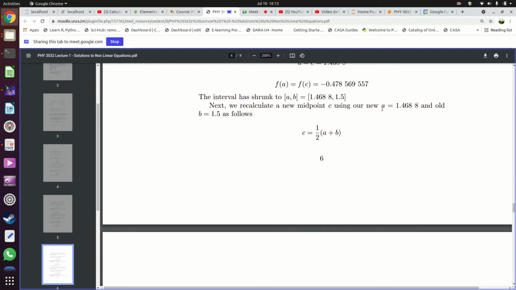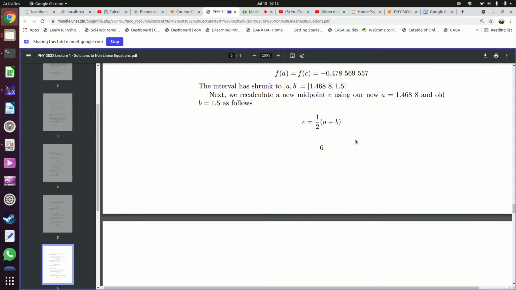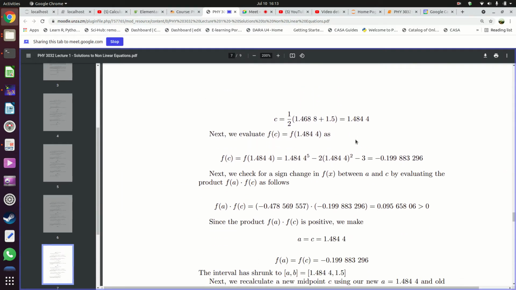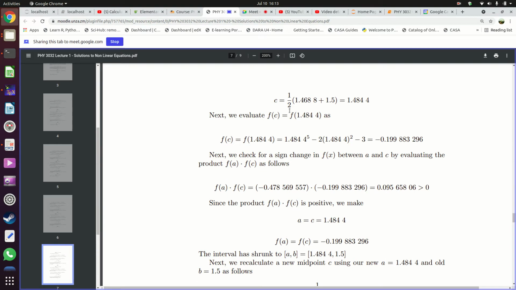So A is equal to 1.4688, and B is 1.5. So your C is going to be equal to half A plus B. When you do that, half 1.4688 plus 1.5, you end up with this, 1.4844 as your guess value.